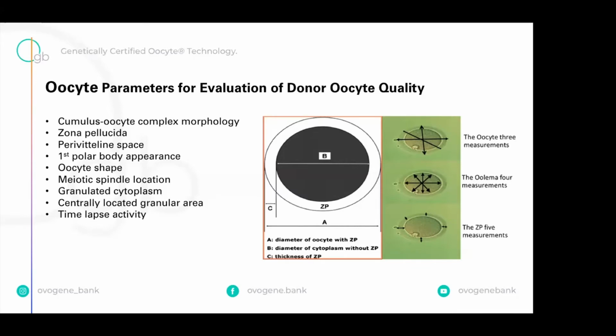For oocyte morphology, we evaluate cumulus oocyte complex morphology, zona pellucida quality, perivitelline space, first polar body appearance, oocyte shape, meiotic spindle location, cytoplasmic granulation, centrally located granular area, and of course the time-lapse activity of the oocyte.